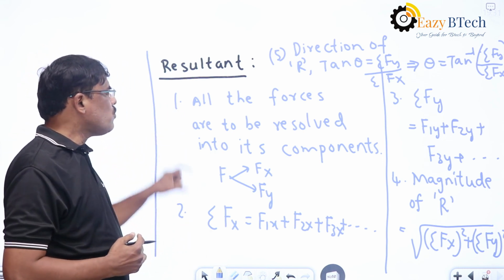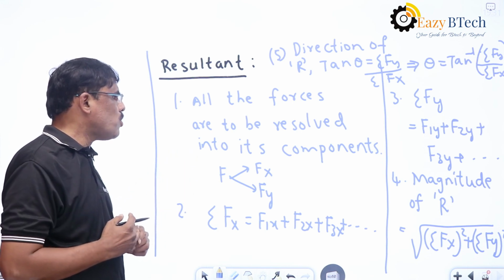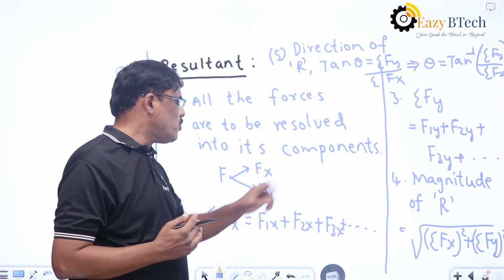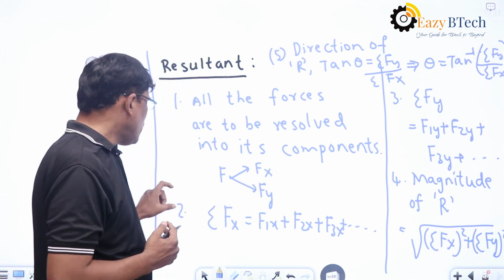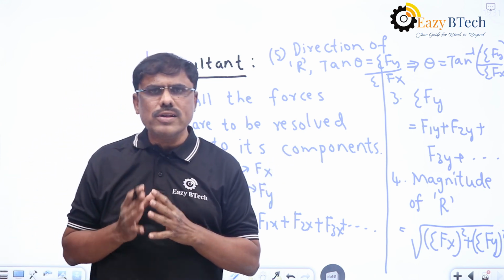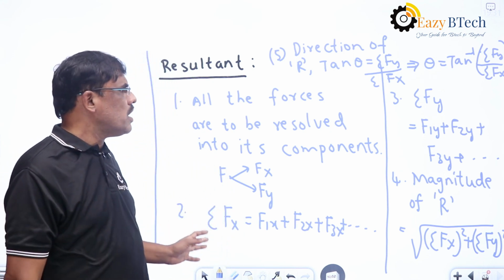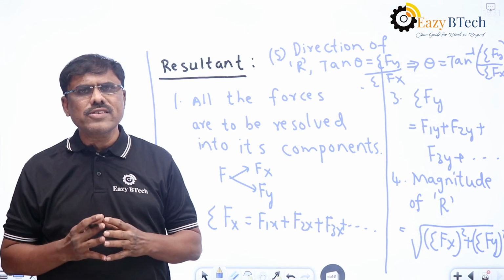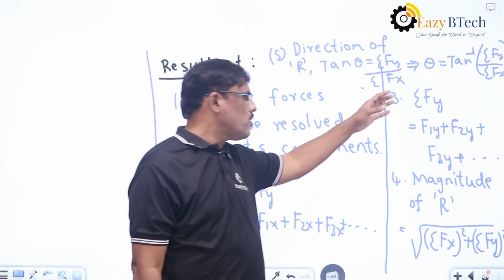First, all the forces are to be resolved into their components. That means F1 into F1x, F1y, F2 into F2x, F2y, and so on. The second is to find the algebraic sum of the x components, that is sigma Fx. The third step is to find the algebraic sum of the y components, that is sigma Fy.